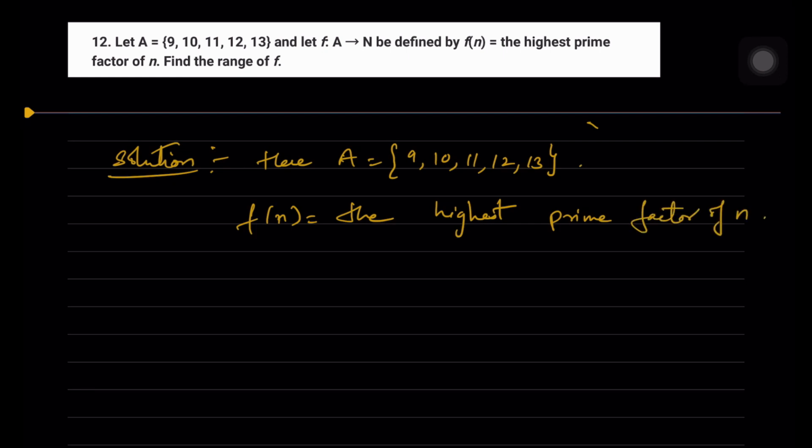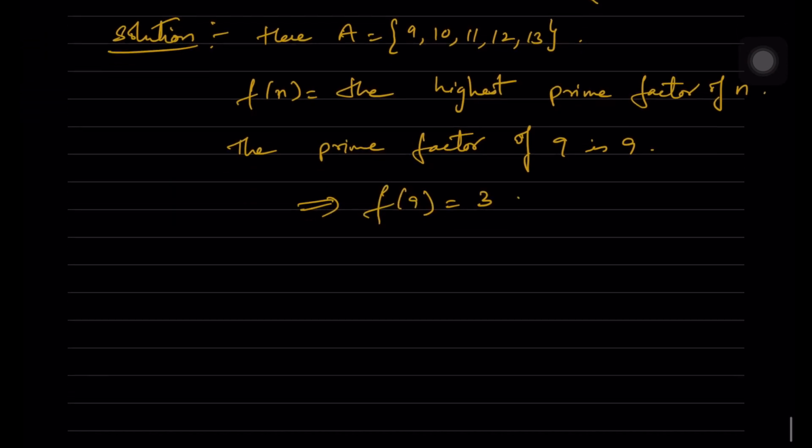So here you have the prime factors of 9 is 3, which implies that f of 9 is equal to 3. So prime factors of 10 are 2 and 5.